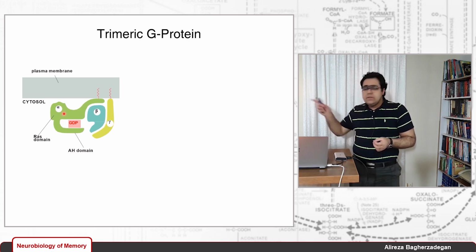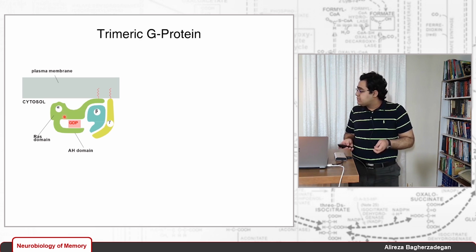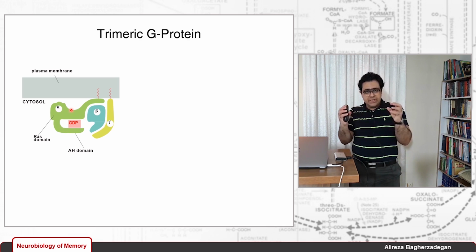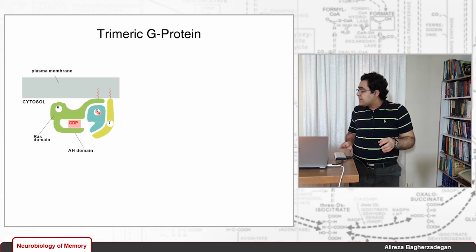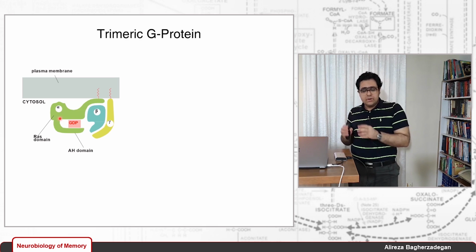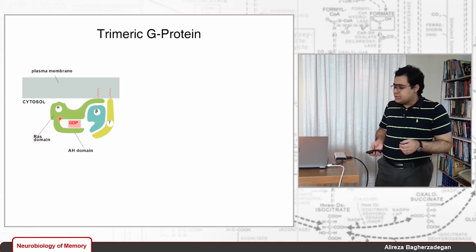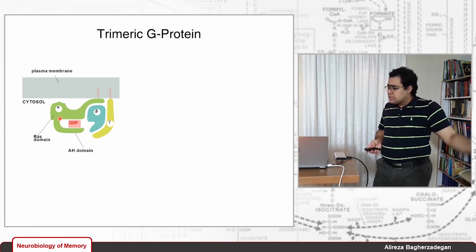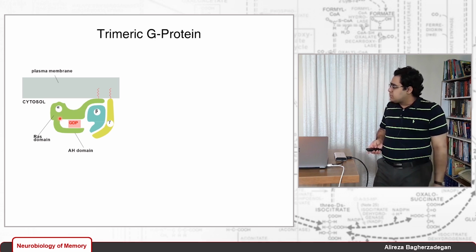In the stimulating G proteins, when GTP binds and the alpha subunit gets activated, it dissociates from the beta and gamma. Although the beta and gamma don't have GTP or GDP bound to them, they are activated too when the alpha subunit is activated, and the beta and gamma subunits together form a functioning unit, and they can act as transducers and activate other effector proteins.